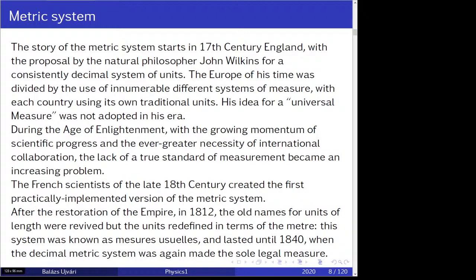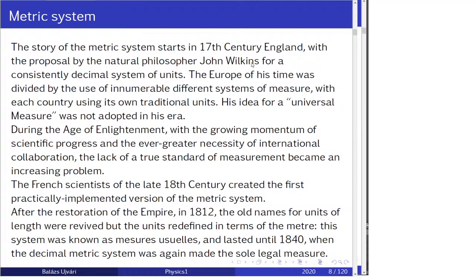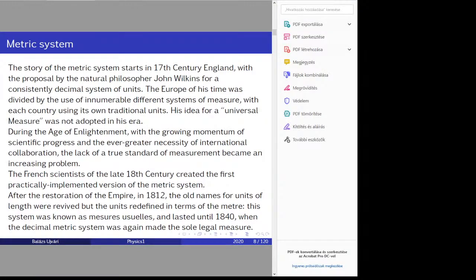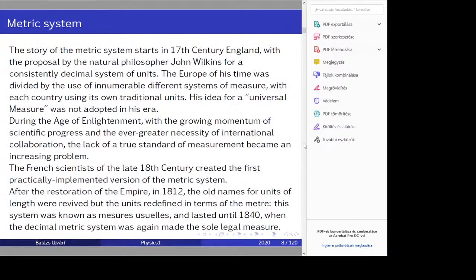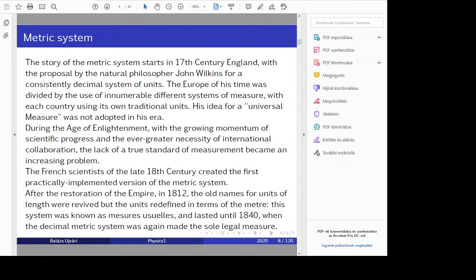John Wilkins was the first scientist who tried to unify the systems.